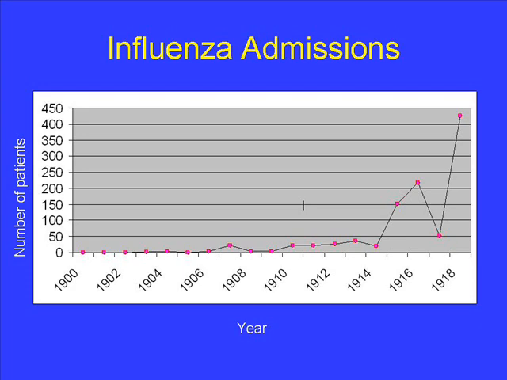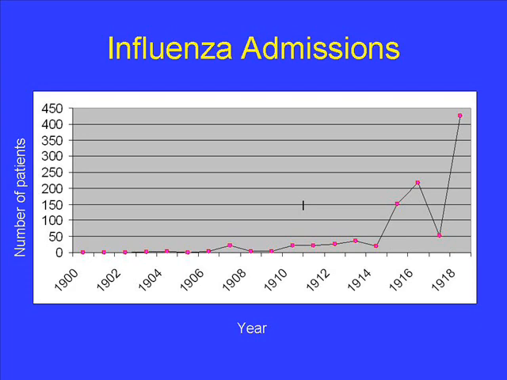Now, influenza is a disease that we're all familiar with in various manifestations. And it too occurred repeatedly throughout North America. Kingston did not seem to be seriously impacted, at least to the level requiring hospital admission, in the early part or the first decade of the 20th century.